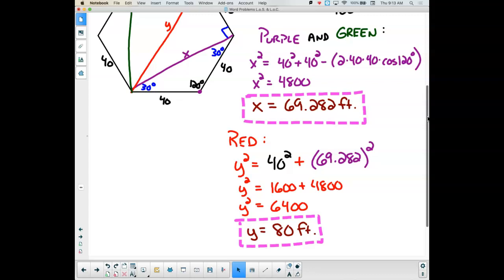The 60 degree angles make equilateral triangles, so each one of those sides of your equilateral triangles is 40. Then you put two of those together, and you get 40 and 40, which gets you the 80. So you had the red right away. Okay. So I have a worksheet to hand out to you, and that's all I got for you today.